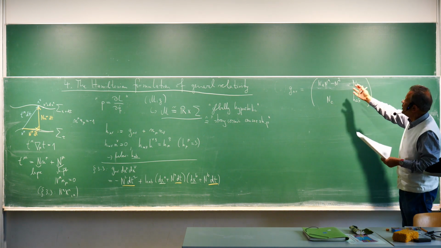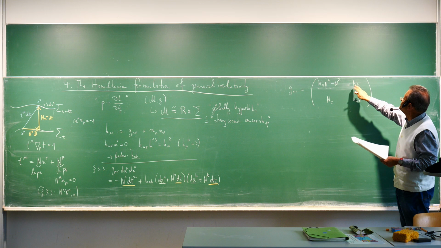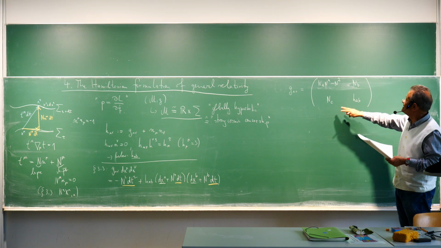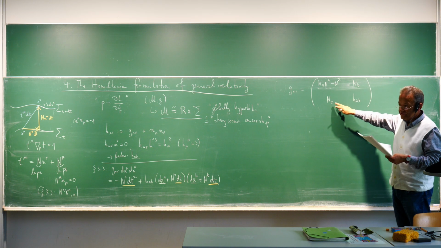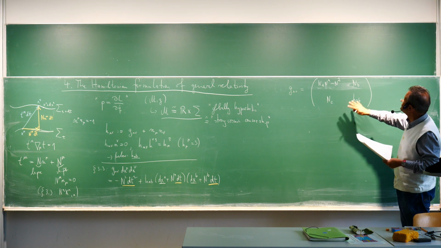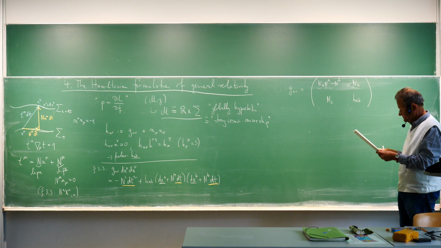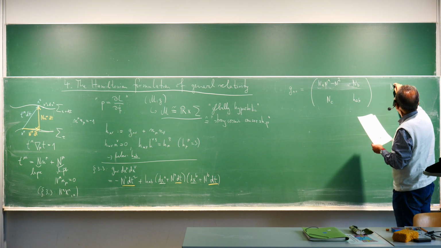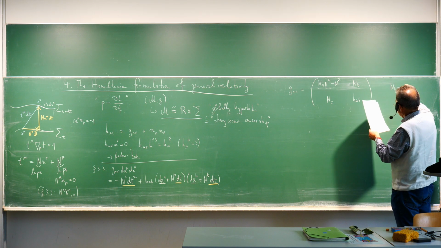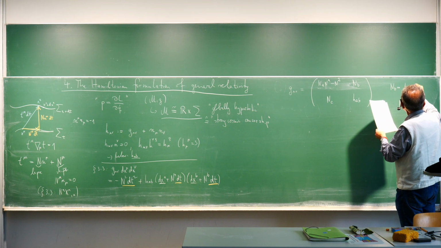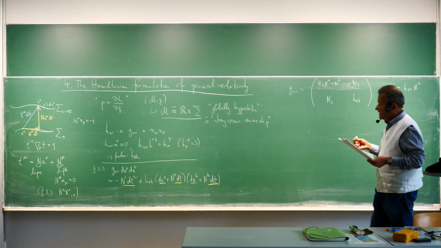I mean, this stands formally, I hope the notation is clear, for N_1, N_2, N_3, and this also for N_1, N_2, and N_3. It's just formally written down with an index. And I should say that N_b with lower index is h_bc N^c.